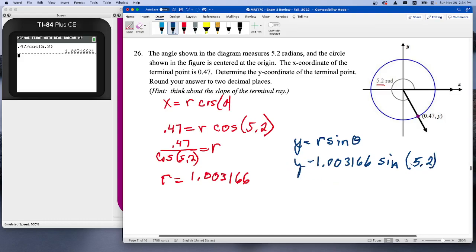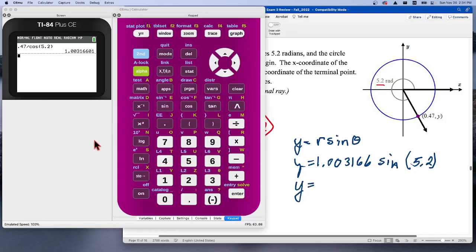That's what y is going to be. So we just enter that into our calculator. And since I've got it here, if I just press multiply, it brings that answer down, so I get it as exact as possible. And then I just enter sine 5.2.